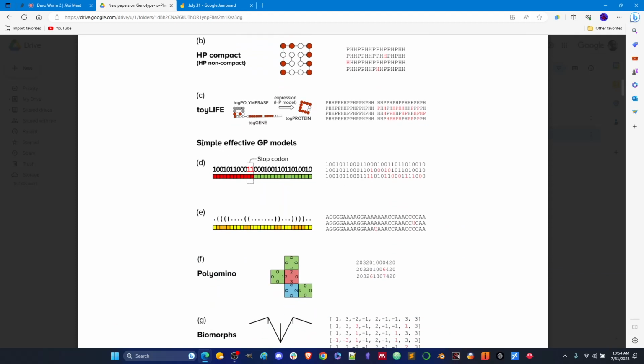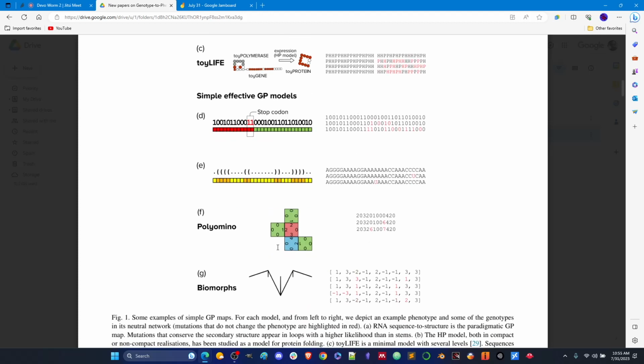Then we have these simple effective GP models, where you just have these strings that are expressed at different points. You have stop codons at different points that truncate the sequence in different places, or you have this with actual nucleotide bases, so you can edit them in different ways.